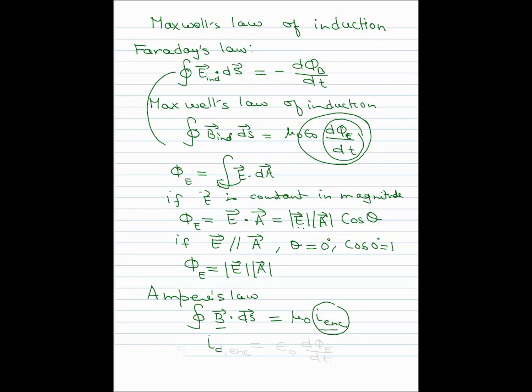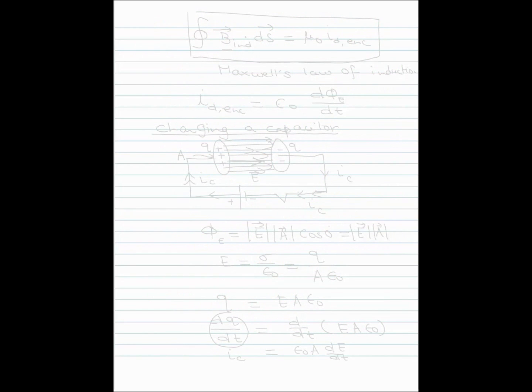So we can say I_D enclosed is equal to epsilon 0 dΦ_E over dt, and using that we can say that Maxwell's law of induction can be written as the integral of B induced dot ds, and this is the induced magnetic field due to changing electric flux, equal to mu 0 times I_D enclosed.